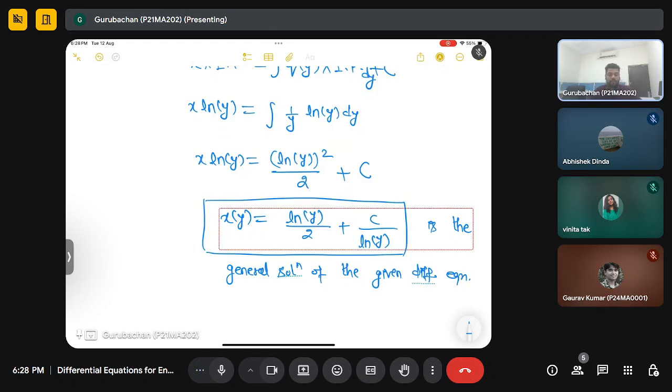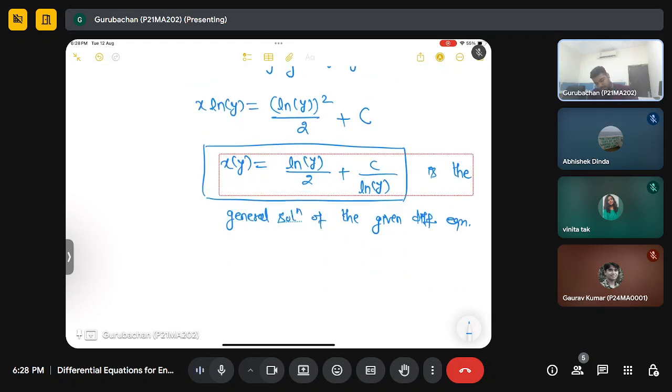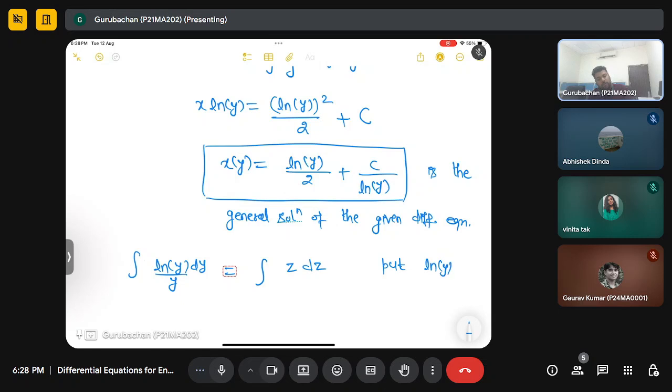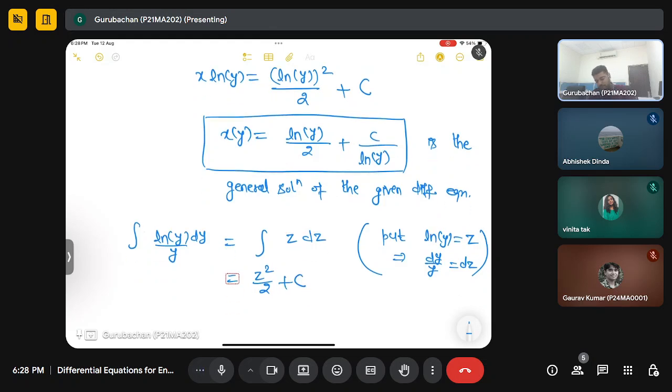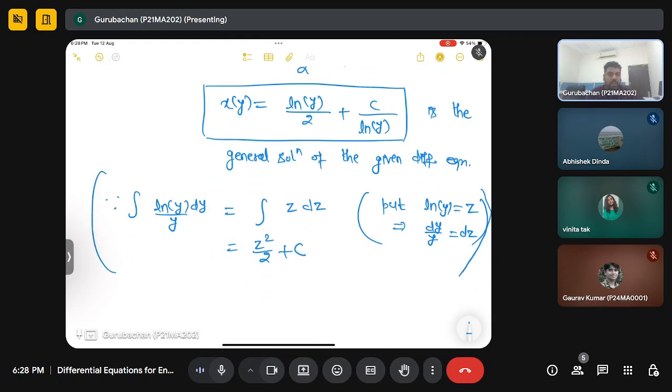I'm again telling you, ln y is z, then 1 by y dy is dz, so this will give z squared. So see what I have done. This is your general solution of this particular differential equation.